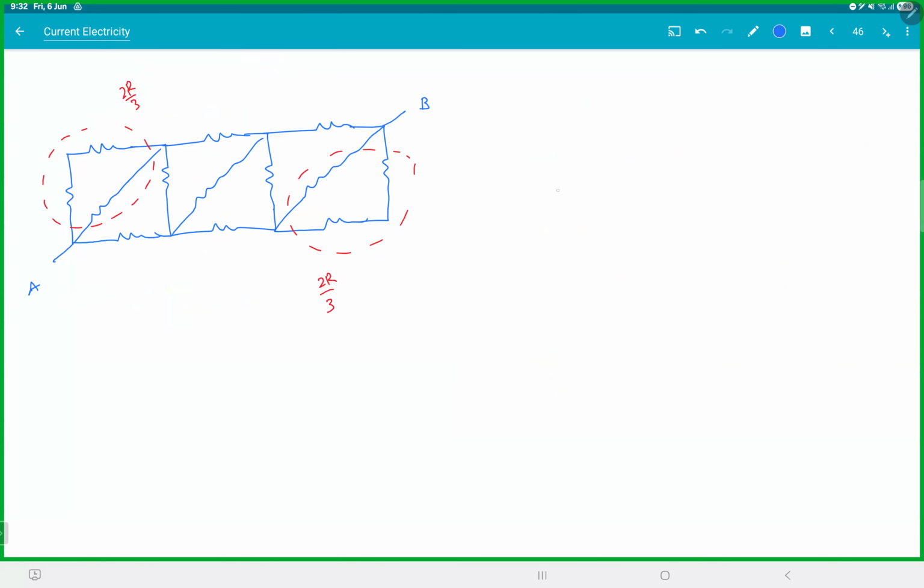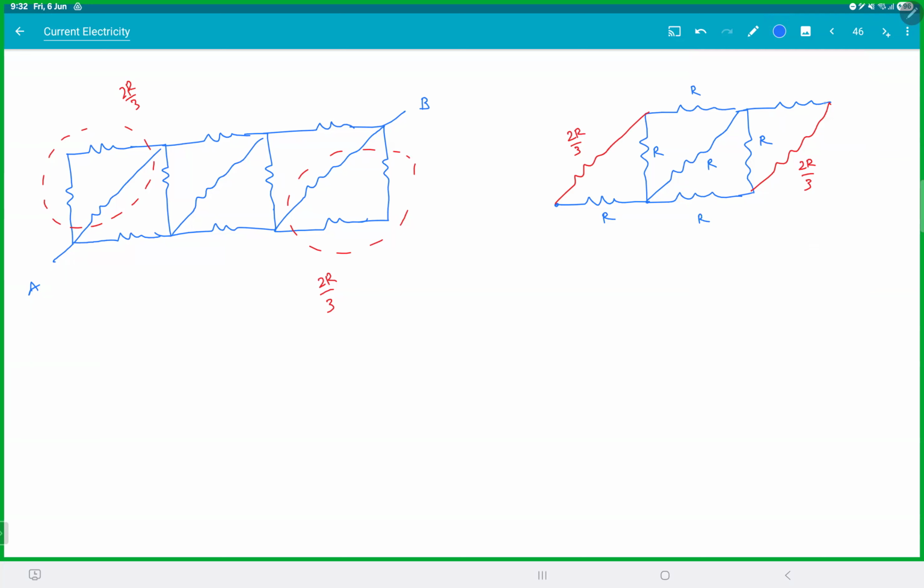So if you redraw the circuit, this will be that red resistor. 2R by 3, 2R by 3, and remaining all are R. This is how it looks.